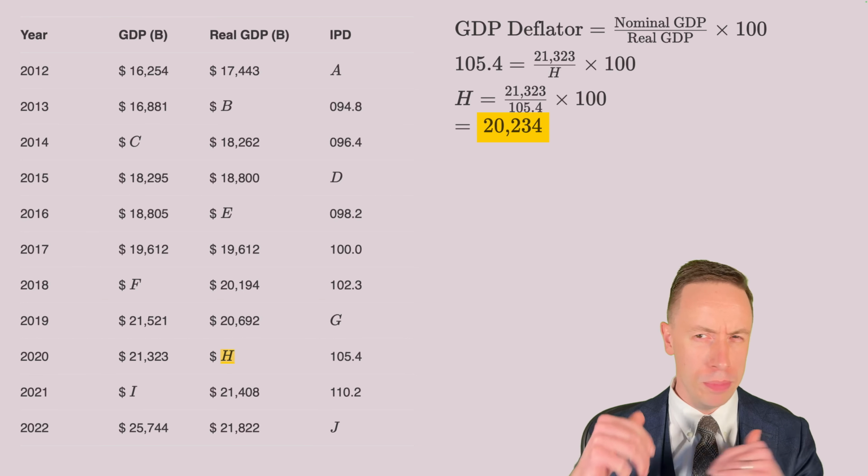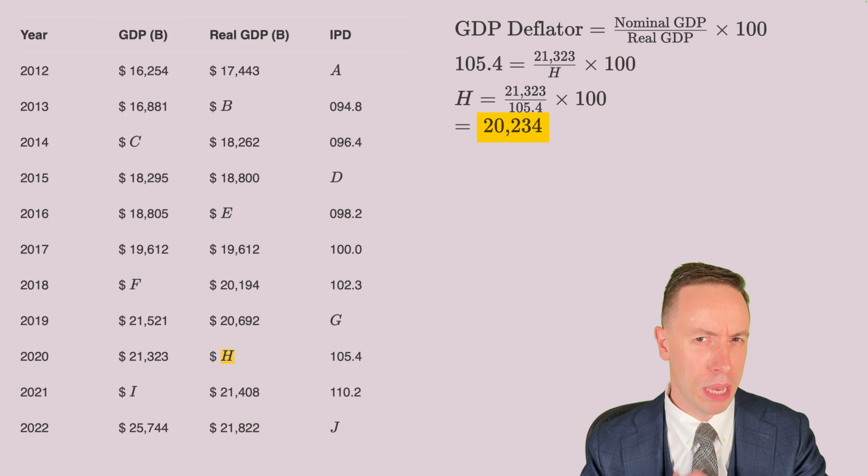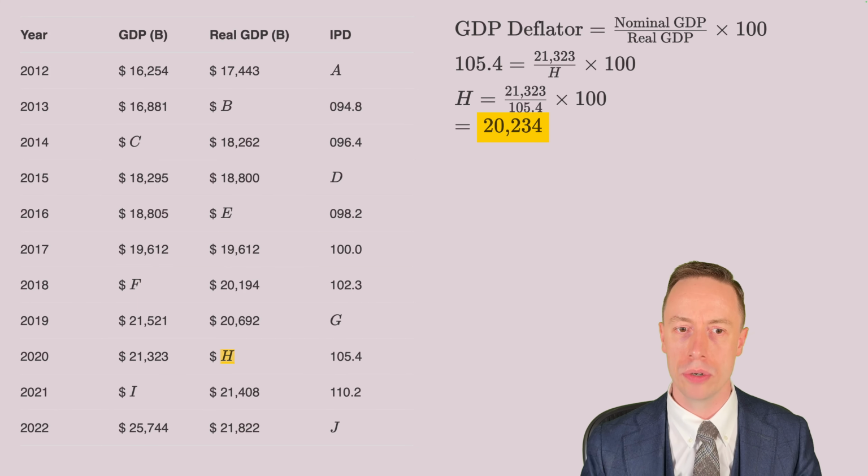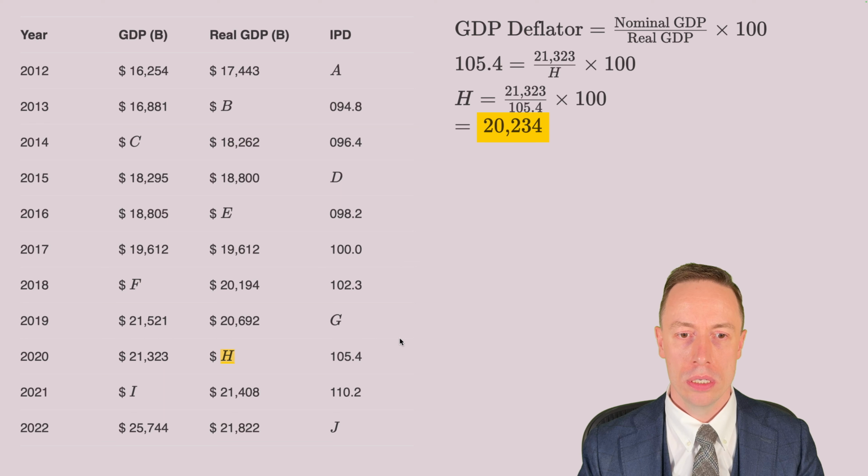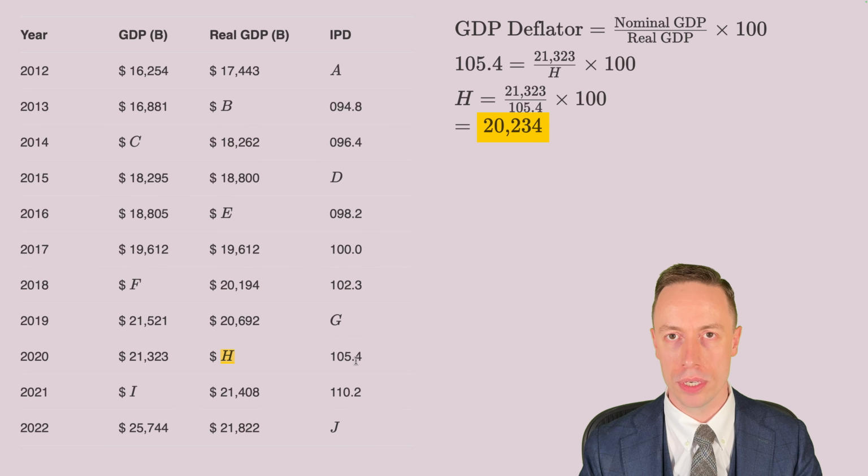Now, if you're a little bit worried about making a mistake here as you rearrange the formulas, again, always start from the base formula, absolutely a sensible approach, but also keep in mind what we're actually doing here. The GDP deflator is higher in the year we're looking at than in the reference year.